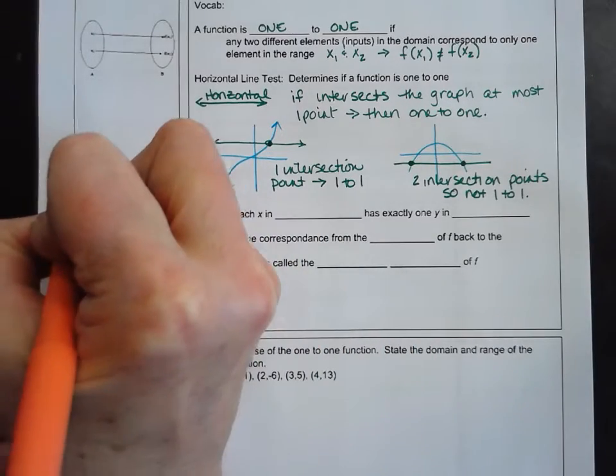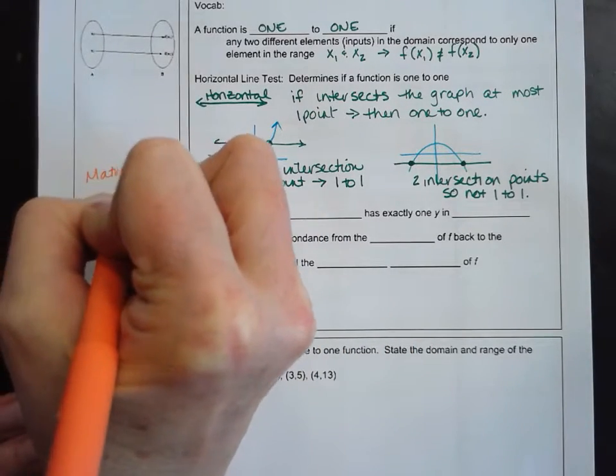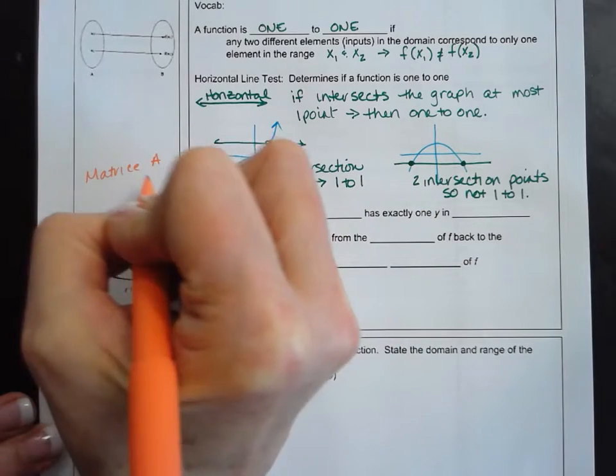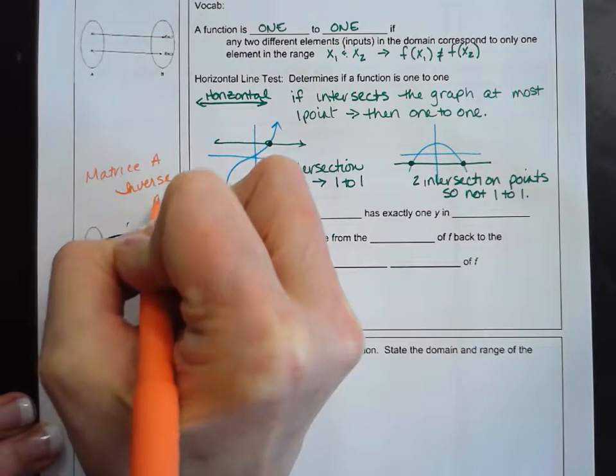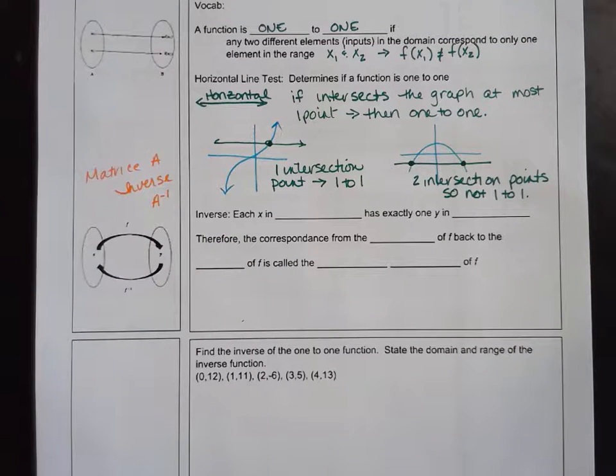So like for our matrices, our matrix A, the inverse, we showed it as the -1, right? Okay, so what does an inverse actually mean? Kind of yes. It kind of yes is the opposite.